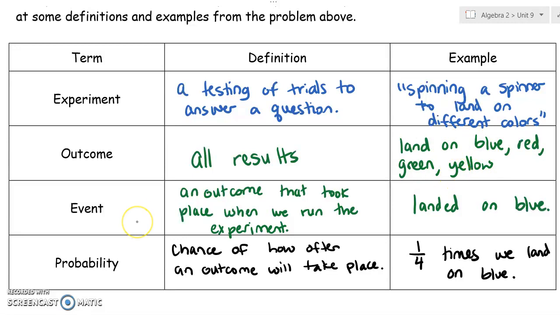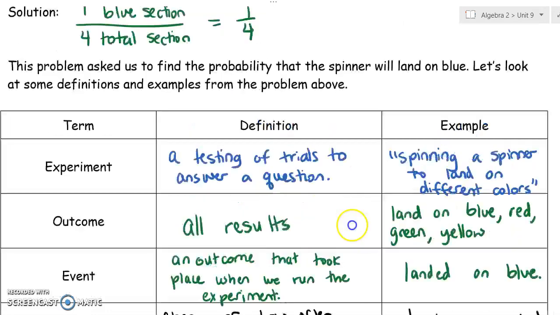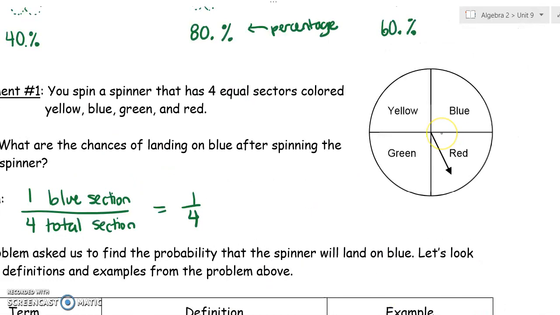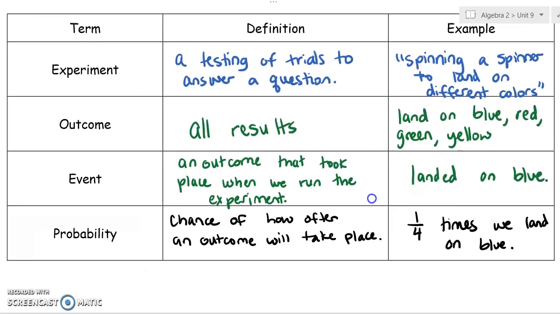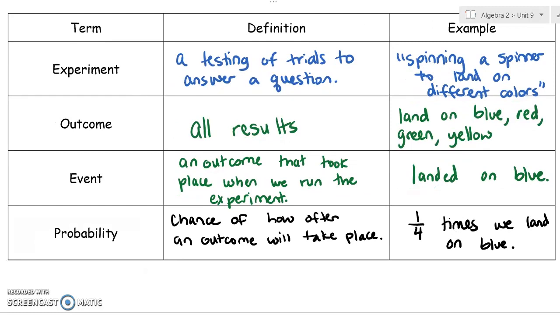And then the event is what actually happens, the outcome that took place when I ran the experiment. So I take the spinner and I spin it, and the question is, what happened? Well, it landed on blue. That is an event. It is one outcome that happened as a result of running the experiment. And probability is the chance of how often the outcome will take place.